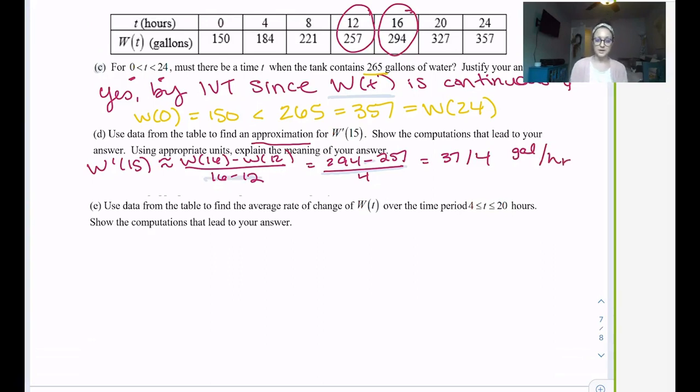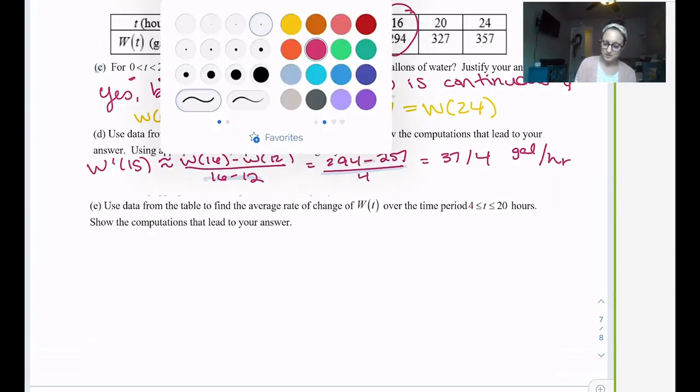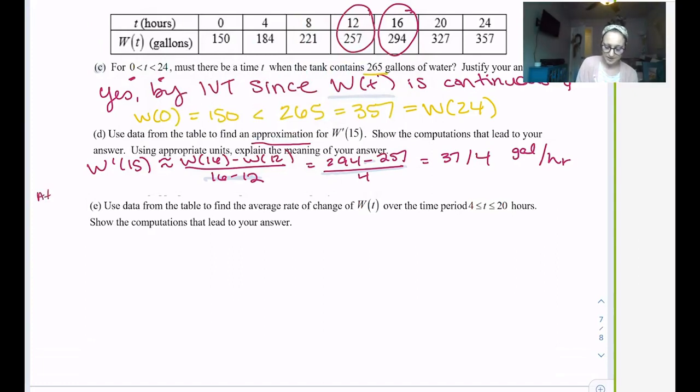Okay, so now, and it's really important, let's explain the meaning, okay? Do not get creative here, just go ahead and follow my template. So you're always going to state what time value you're looking at first. So at t equals 15 hours.